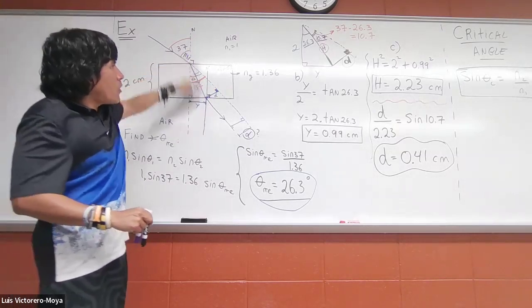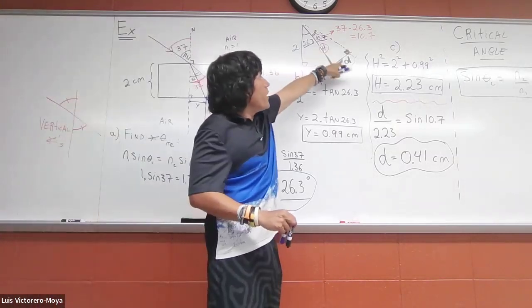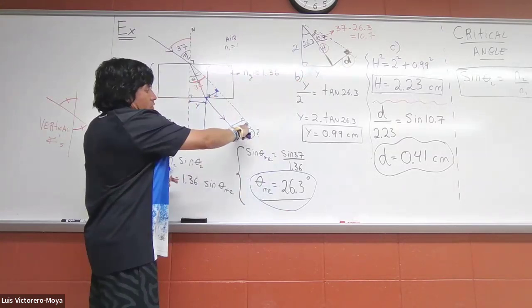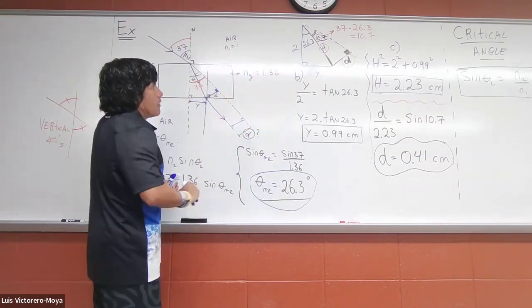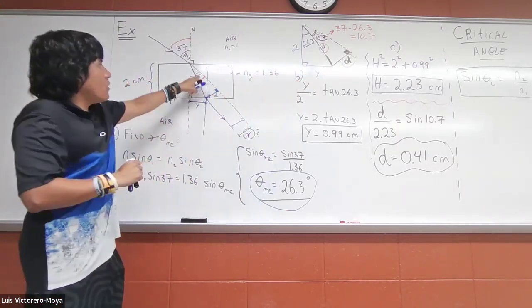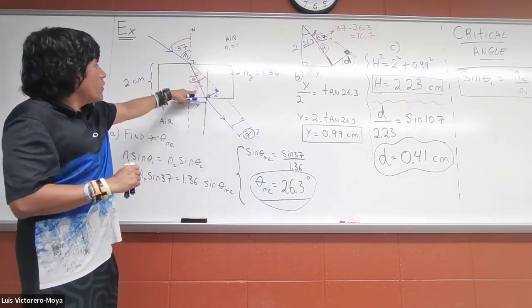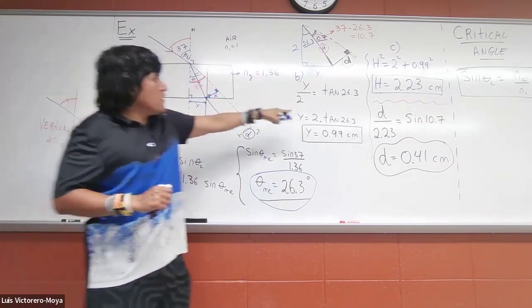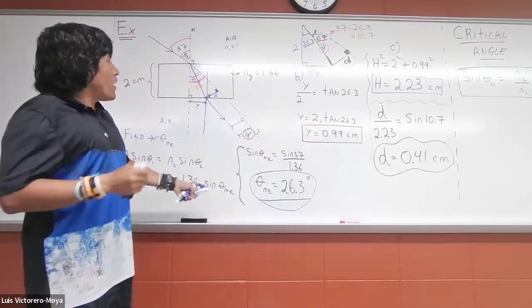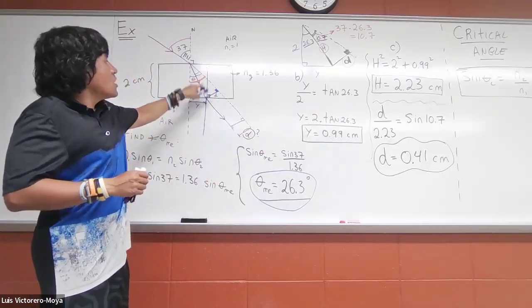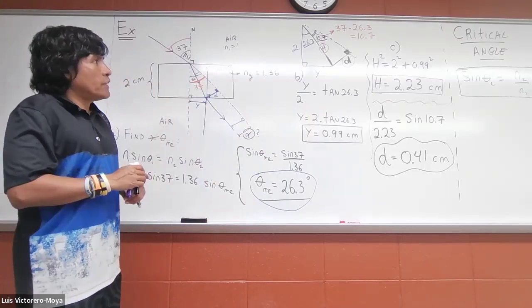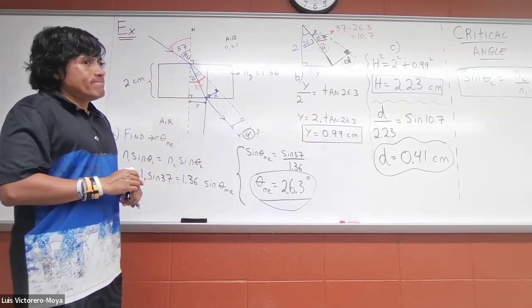Because you need the hypotenuse to find the distance between the two rays. Here, this one here. Of course, you need the angle there. So there is some geometry and trigonometry involved. This trigonometry is to find not just the value of Y and H, but also the value of D. Okay?